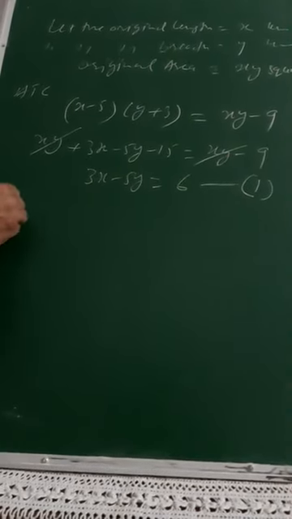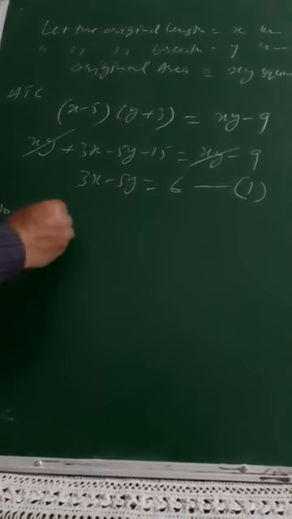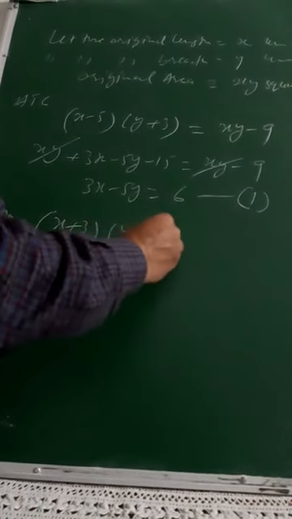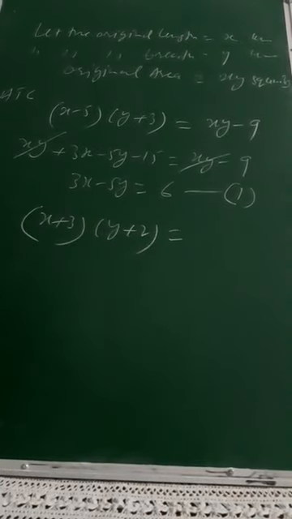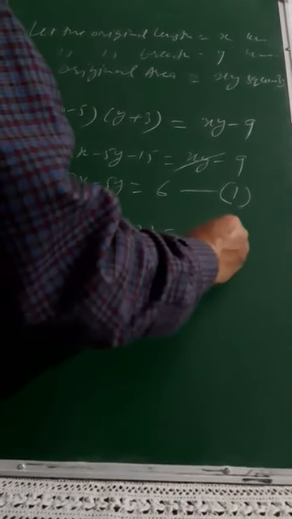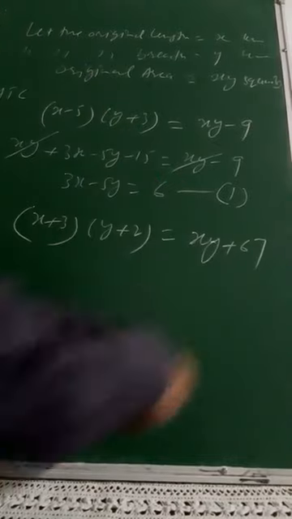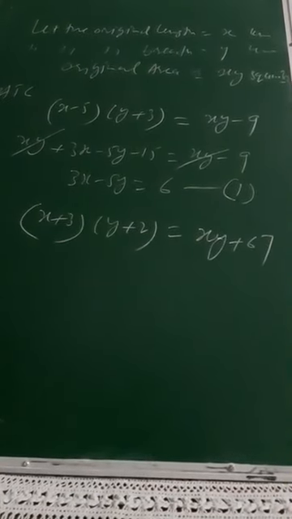Now apply the second condition also. What is given there? If we increase the length by 3, so x plus 3, and breadth by 2, so y plus 2. What happens to the area? The area is increased by 67. So xy was the original area, and it will be increased by 67 square units.